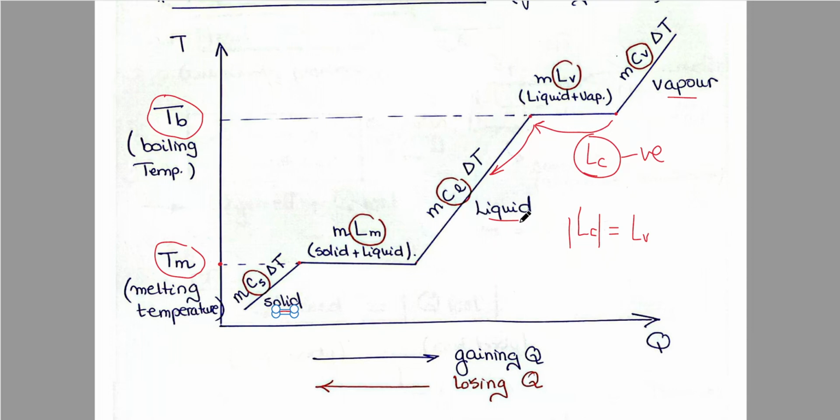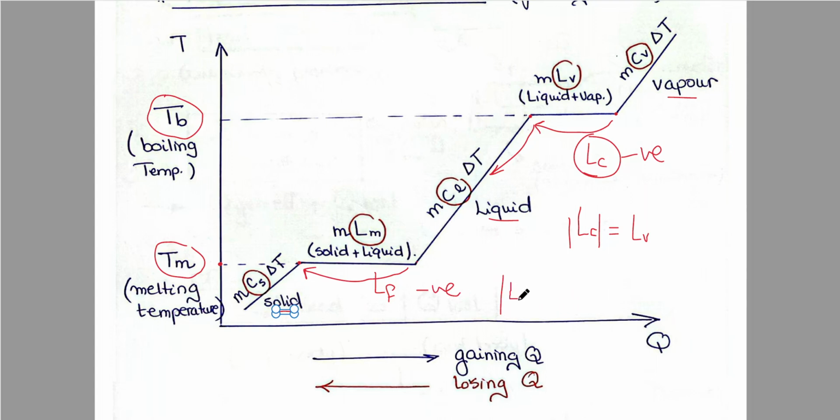Similarly, when you are changing from liquid to solid, this process is called solidification or fusion. So we have latent heat of fusion, the amount of heat lost to convert from liquid to solid. Latent heat of fusion is negative, but it is the same amount as the latent heat of melting.